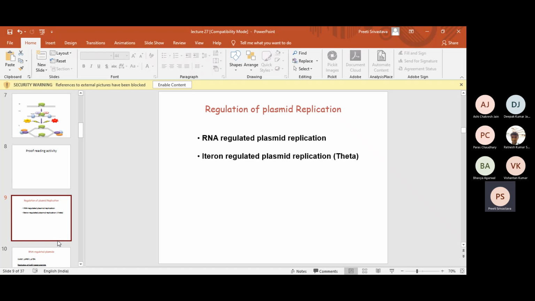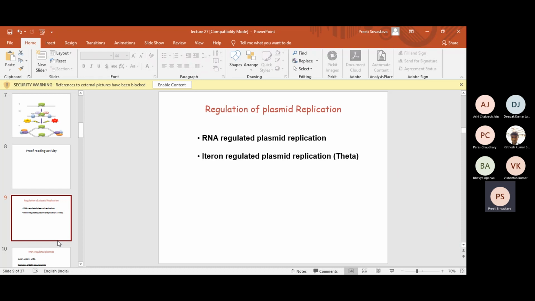Therefore the cell will not survive if the DNA keeps on replicating. So the cell has developed mechanisms for regulating replication, whether it is plasmid replication or chromosomal replication. Let us see how plasmids are regulated first.